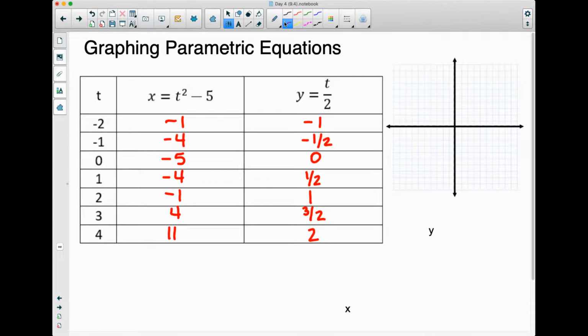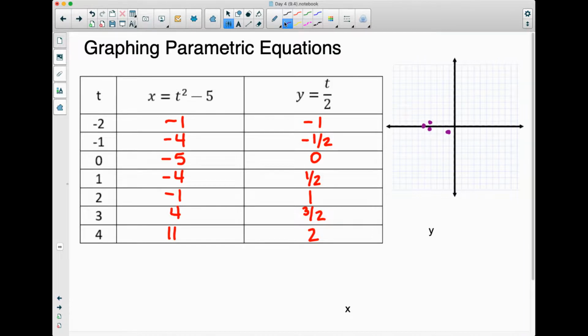Okay, so we're going to plot those points, -1, -1. You can see mine. So this is my starting point. I have -4, -1/2, 0.